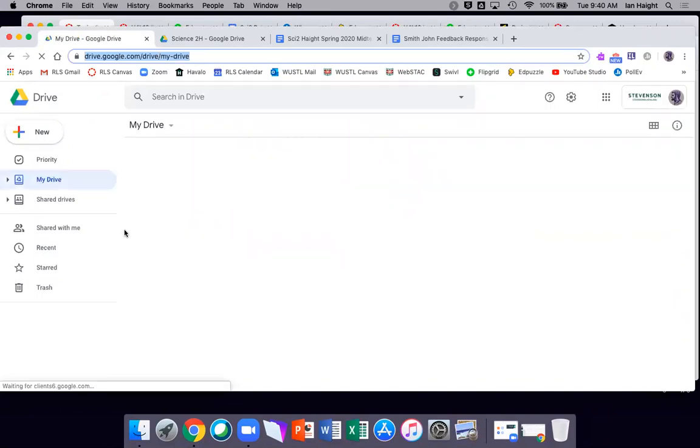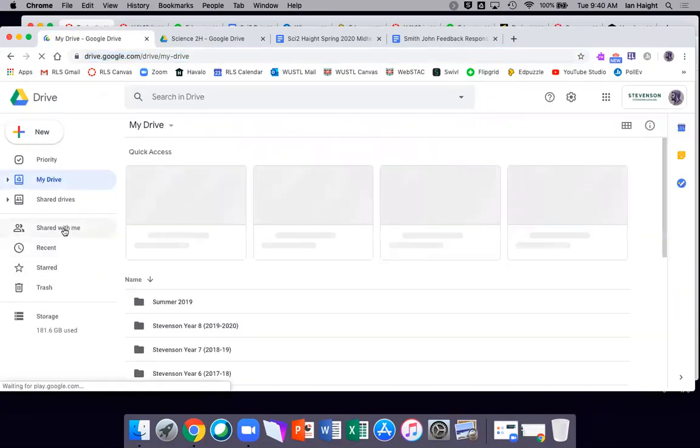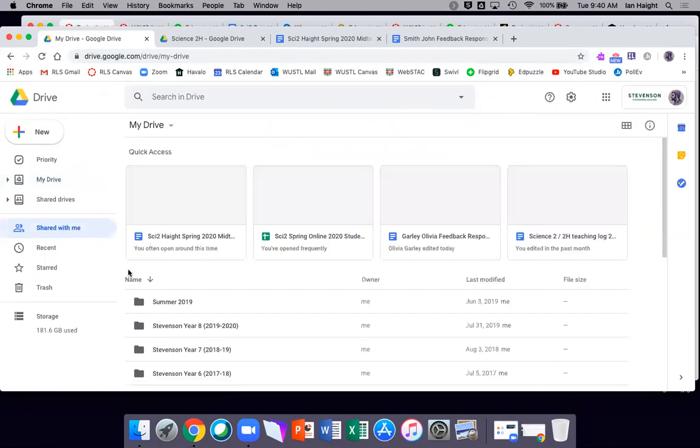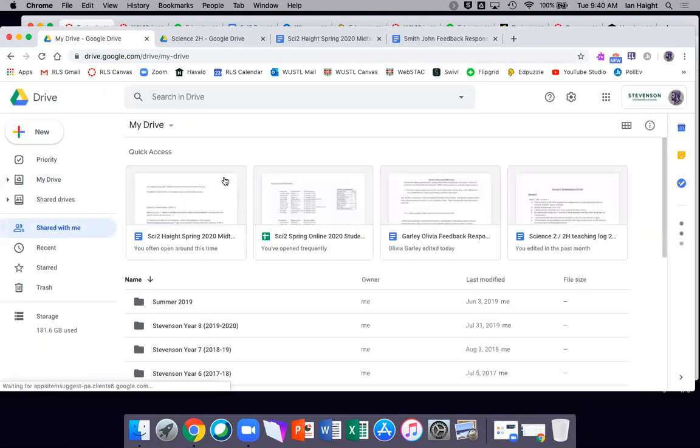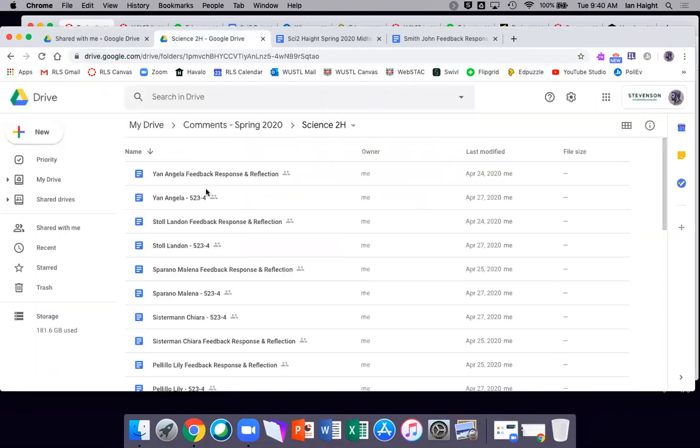And within Drive, you want to go to, I think it's Shared with Me. And there'll be a bunch of files in there, but what you're looking for are Google Docs that look like this. It'll be your last name, first name, and then this code, 523-4. And you should be able to open that document.